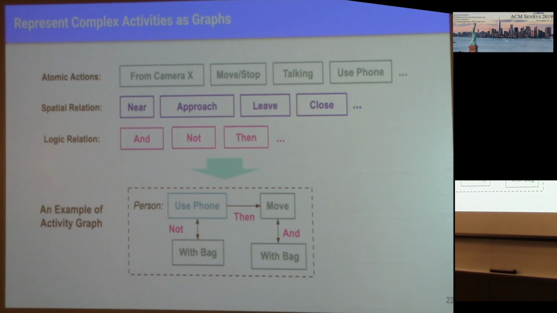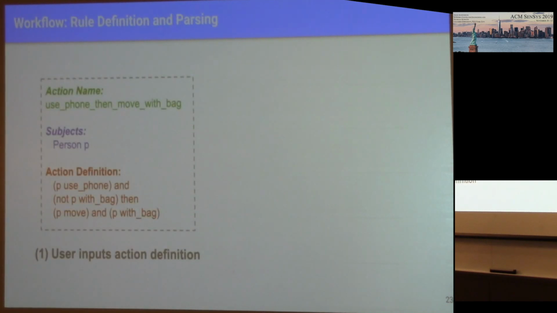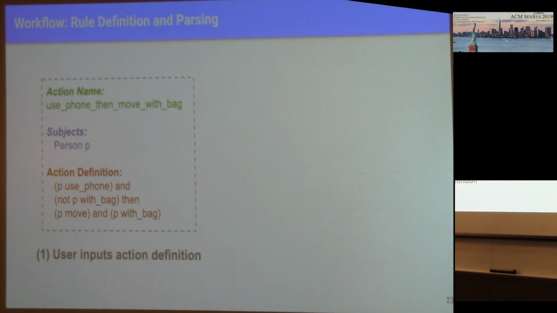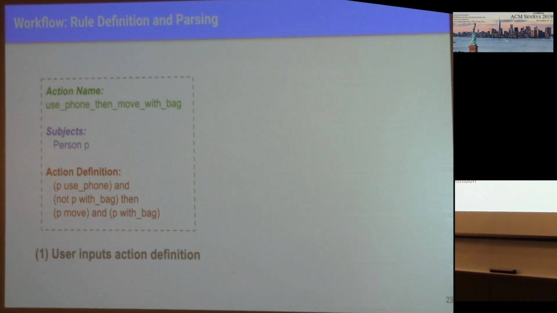Let's see how Caesar works with an example. First, the user inputs the action definition to the system. The grammar is like this: the action name, the subject's variable, and, most important, the action definition. At the bottom, you can see it's like natural language, and different atomic actions are connected with logic connectors.